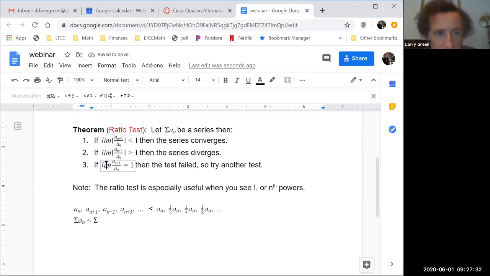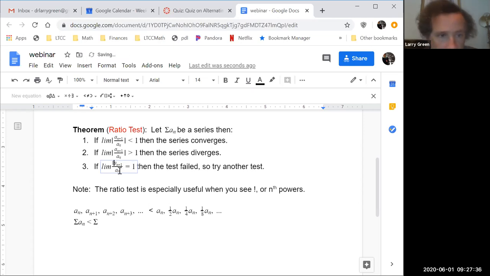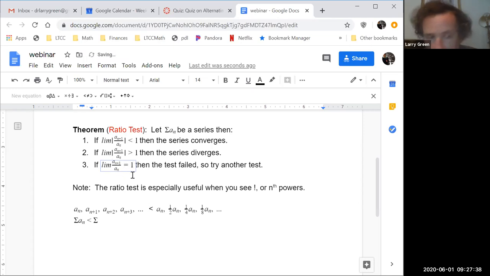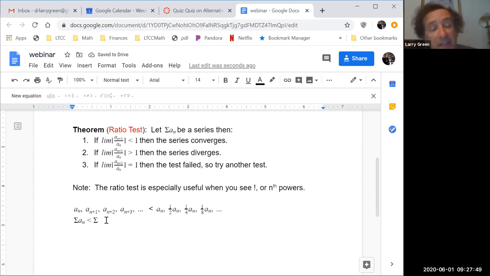So I got a little bit lazy there, but I should do it right. There we go. Okay, so here in this little proof, I'm just going to assume everything's positive. Otherwise, take absolute values. And what do we see?